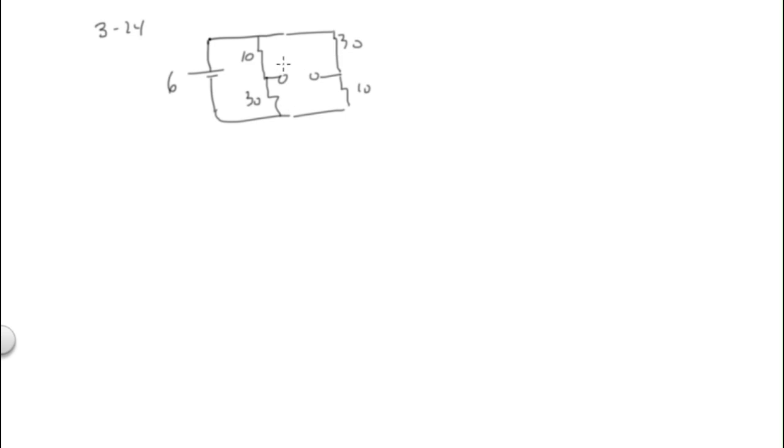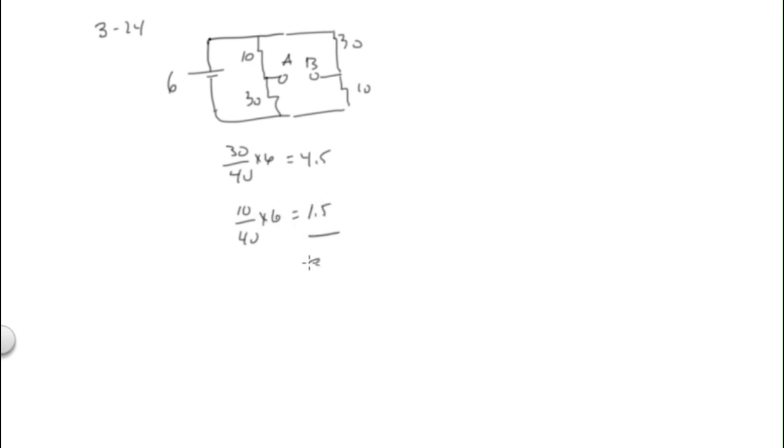So my VA is 30 over 40 times 6, or what? 4.5, and V at B is 1/4 of 6, so it's 10 over 40 times 6, or 1.5.